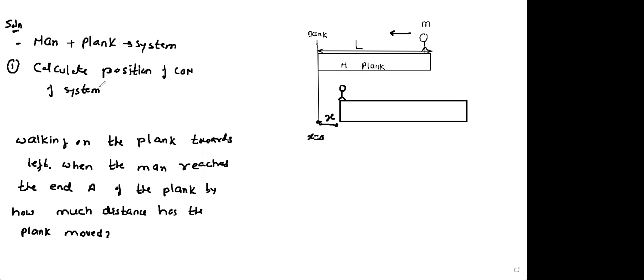I'm dividing this problem into 3 steps. That's the first step. The system is man plus plank. The length of the plank is L. The mass of the man is m. You can consider the man as a point mass. You're not calculating the center of mass of just the rod, you're calculating the center of mass of rod plus man.